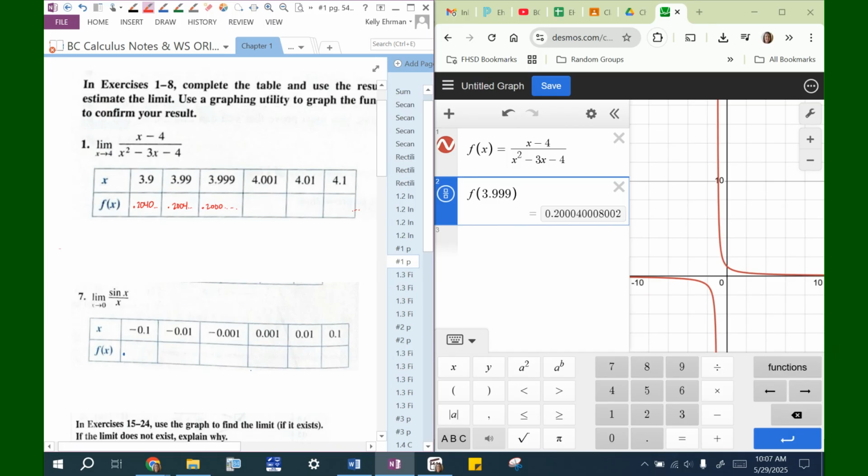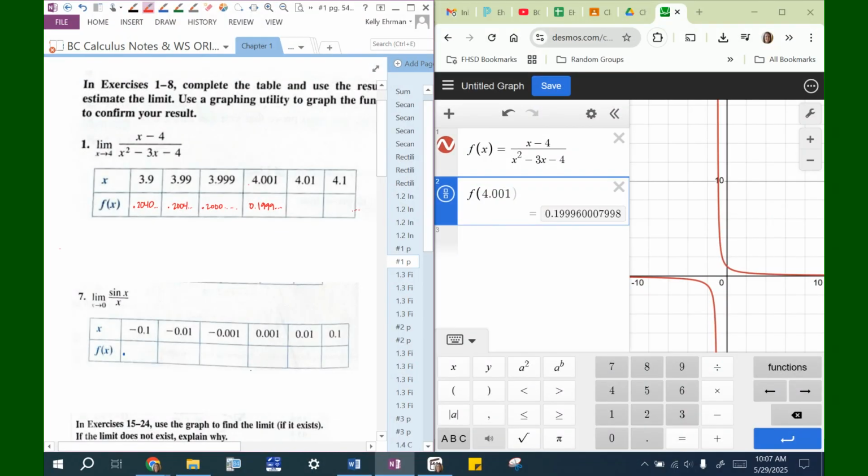Let's see what it's like on the other side. What if we plug in 4.001? Put a decimal point in there. Okay, so even though this rounds, I'm going to just do this because we're just sort of analyzing this.